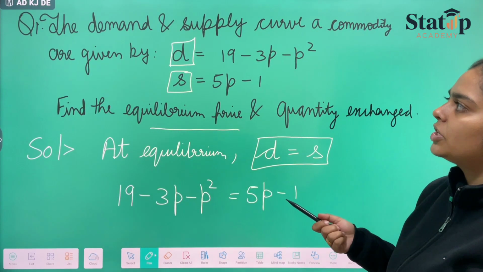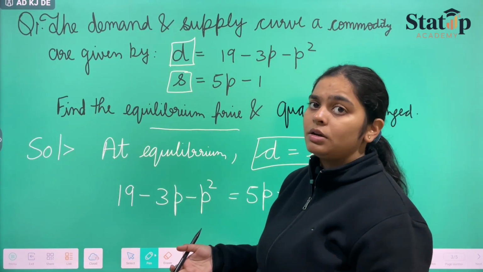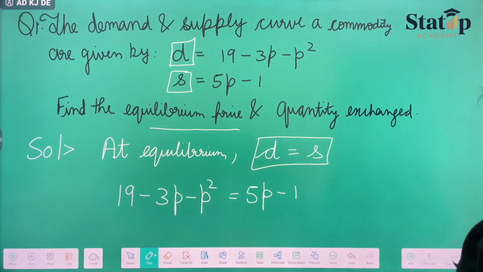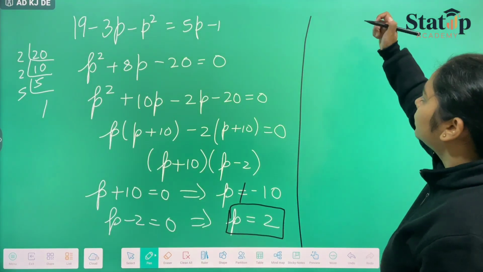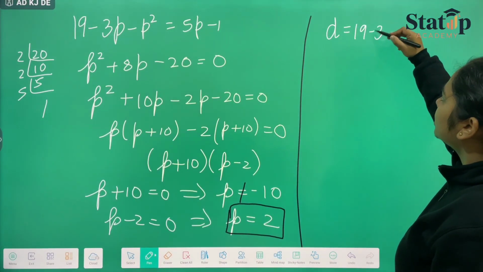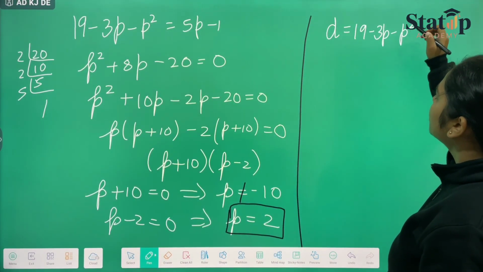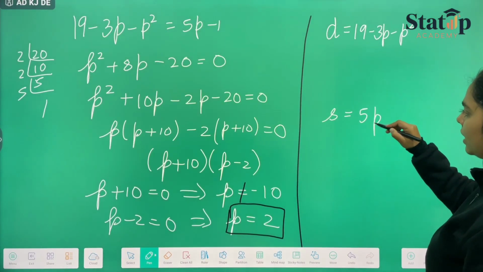The quantity exchanged would be found by either finding demand or finding supply. I am writing it here only. The demand function is equal to 19 minus 3p minus p square, or the supply function is equal to 5p minus 1.